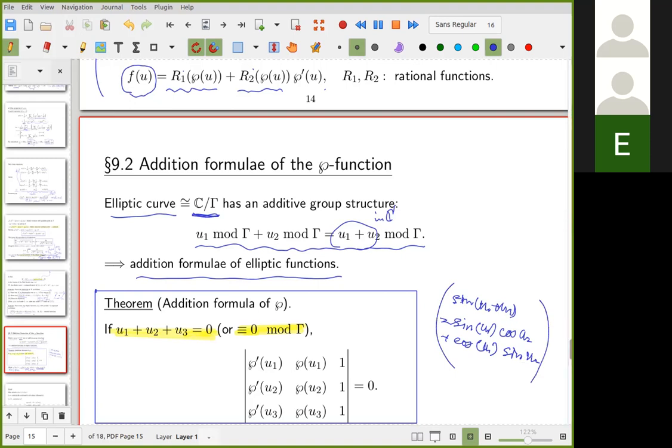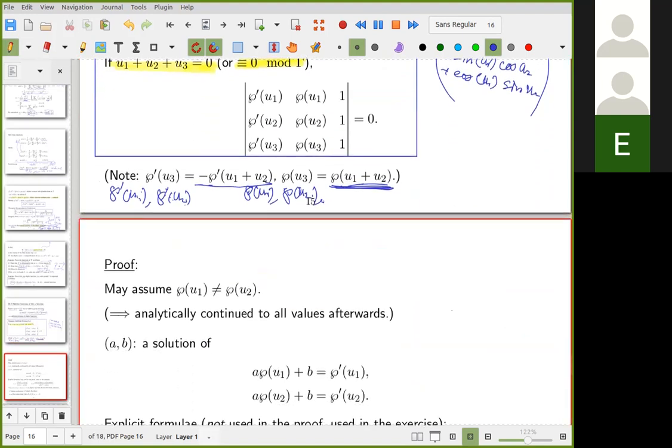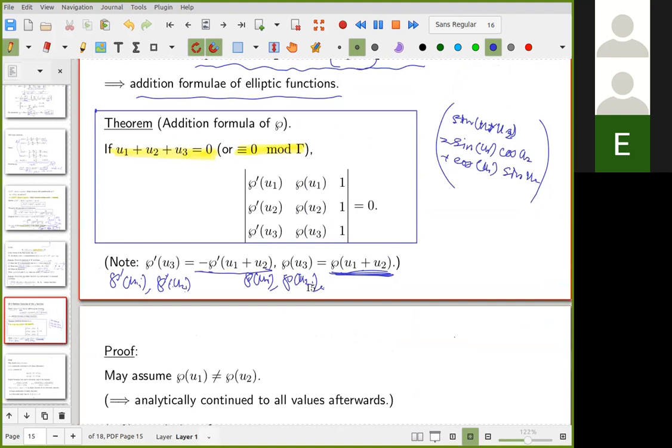The addition formula for sine has such an expression. Well, maybe you don't like this form because it has two functions, p and p prime of u1 plus u2.